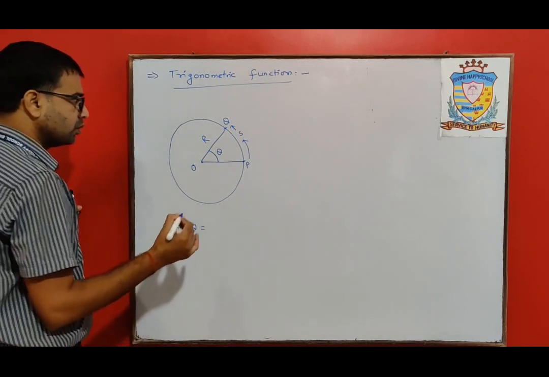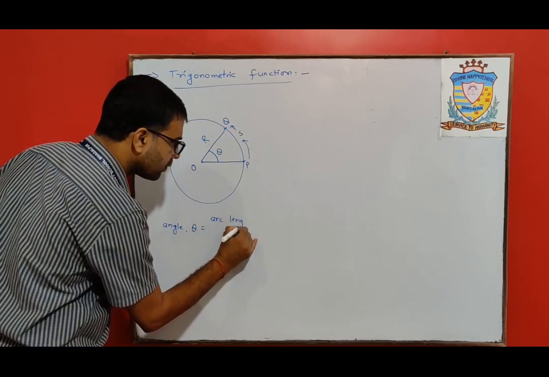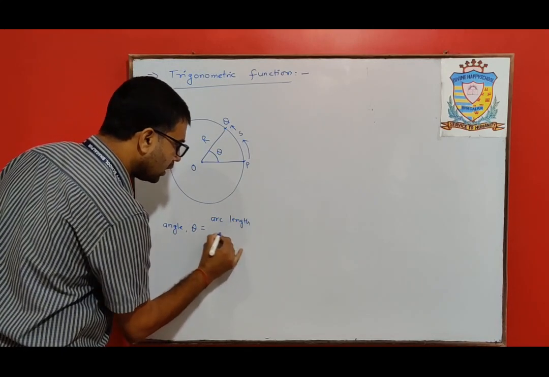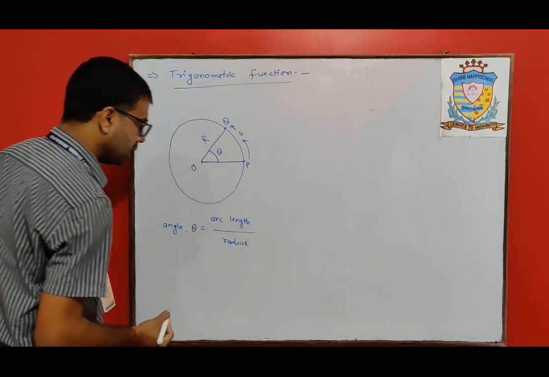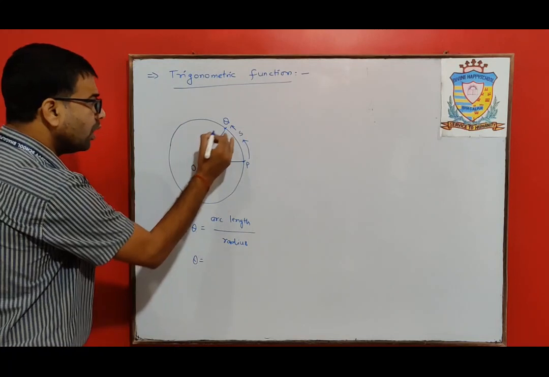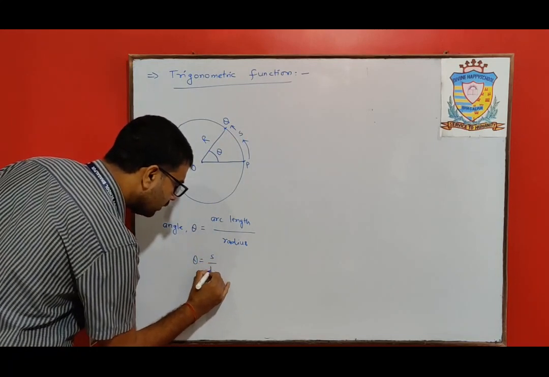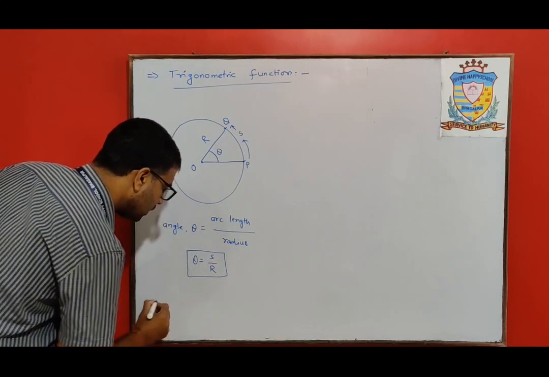So here the angle theta is equal to arc length upon radius. Clear? Or you can say theta is equal to arc length, that is s upon r. Clear?